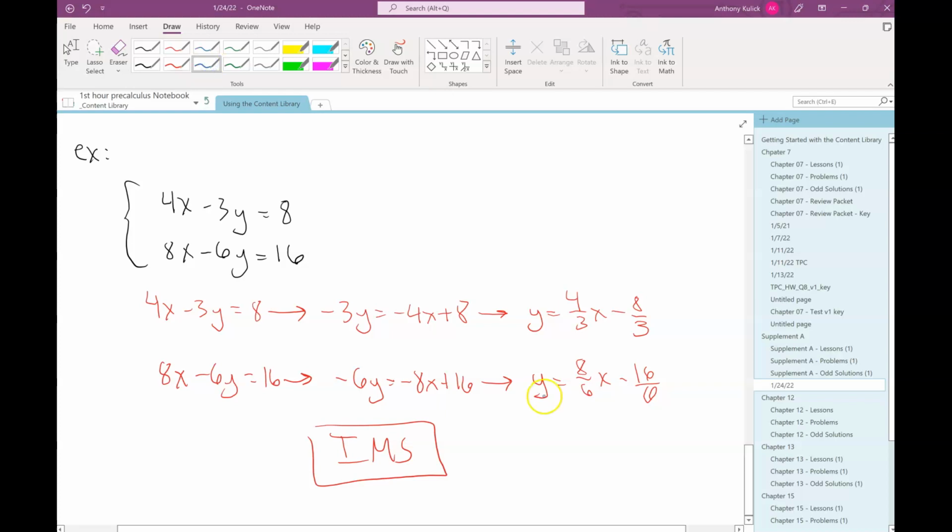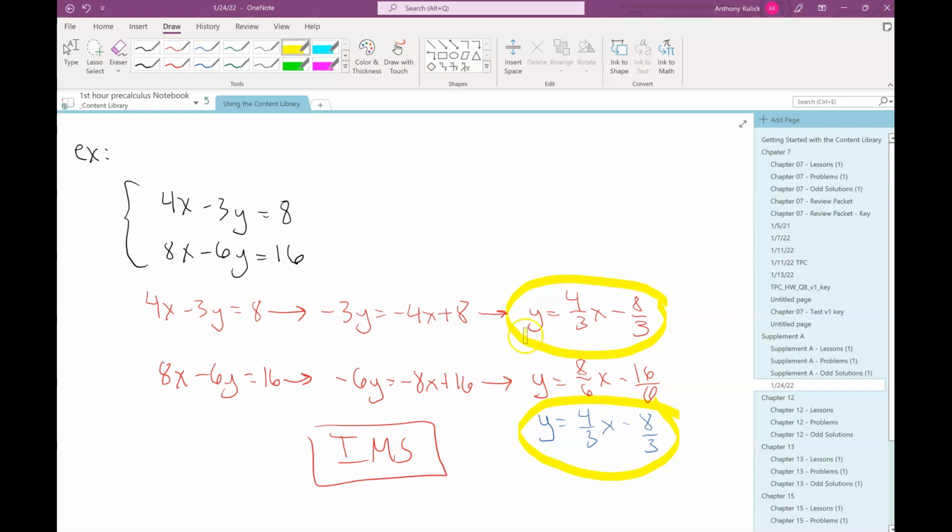Now, I want to point out to you, if we had bothered to reduce that equation, you'd have noticed that they are identical equations, right? Which would, again, without even having to graph anything, imply that you have infinitely many solutions.